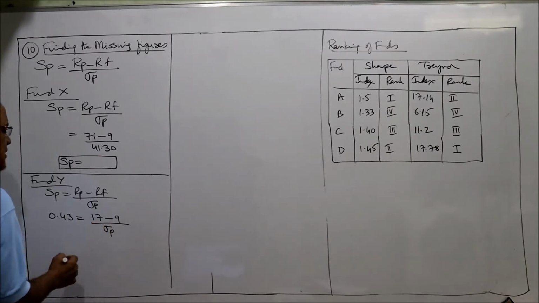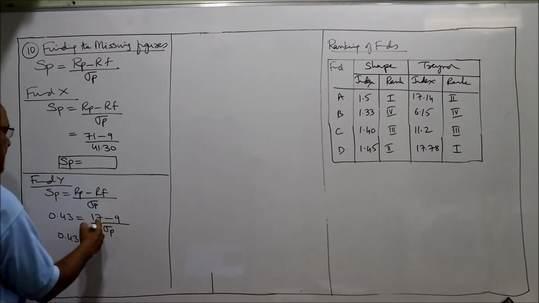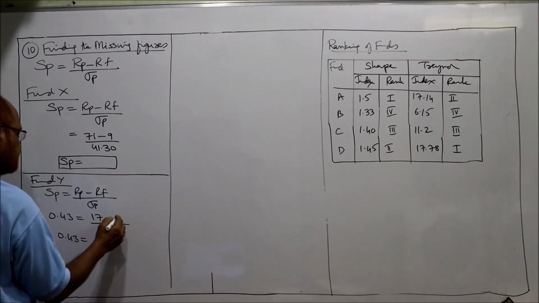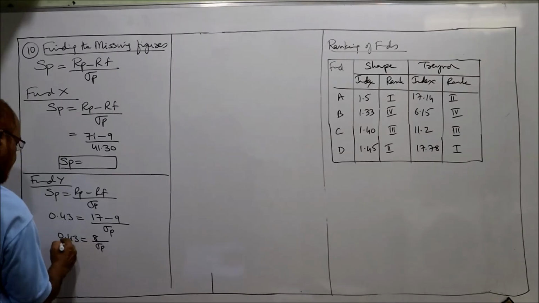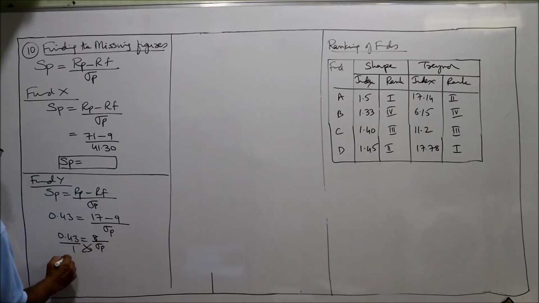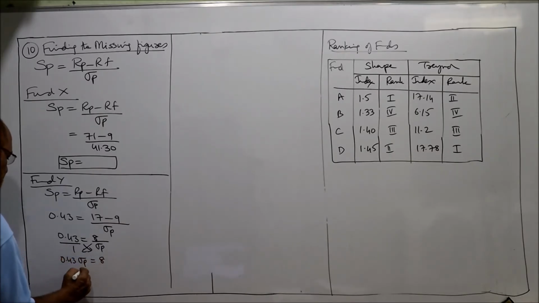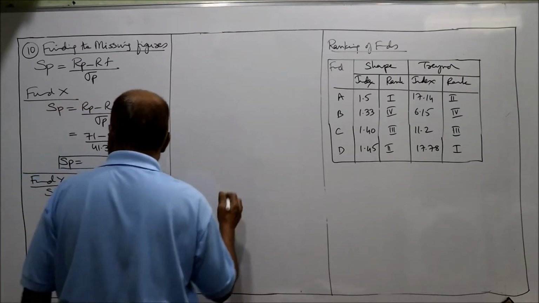So we have to find the standard deviation. 0.43 is equal to 17 minus 9, which is 8. Cross multiply: 0.43 sigma p is equal to 8. So sigma p is equal to 8 divided by 0.43. Second fund done.